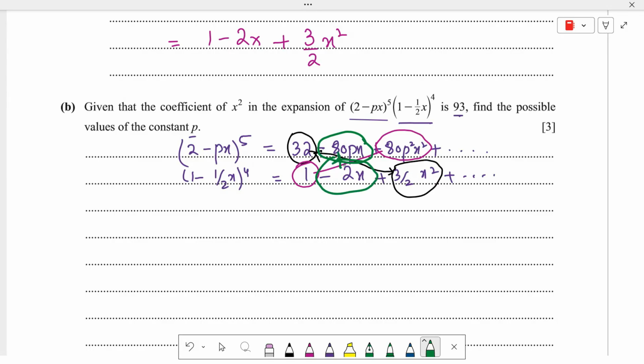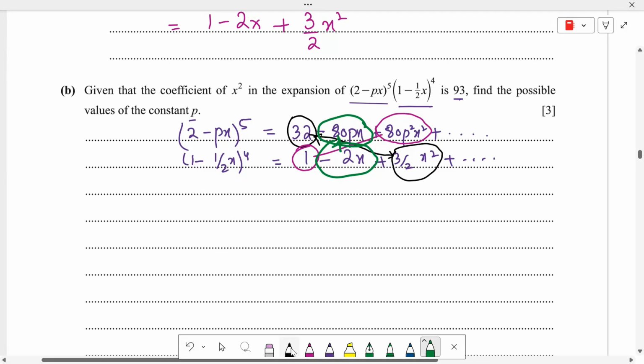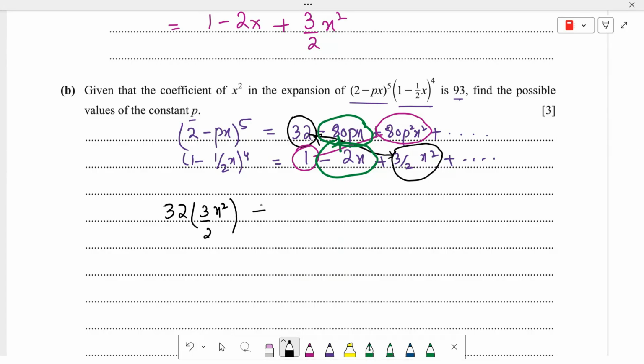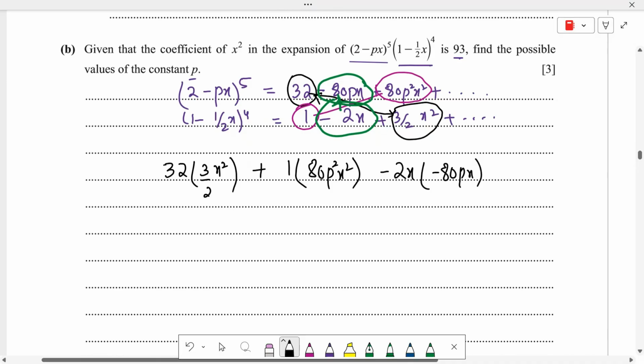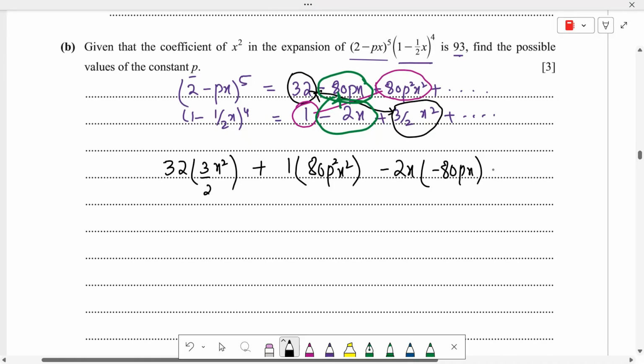So we can say 32 times 3 over 2 x squared, plus 1 times 80p squared x squared, and negative 2x times negative 80px. So these are the terms of x squared. When they are added up, we will have the coefficient of x squared.